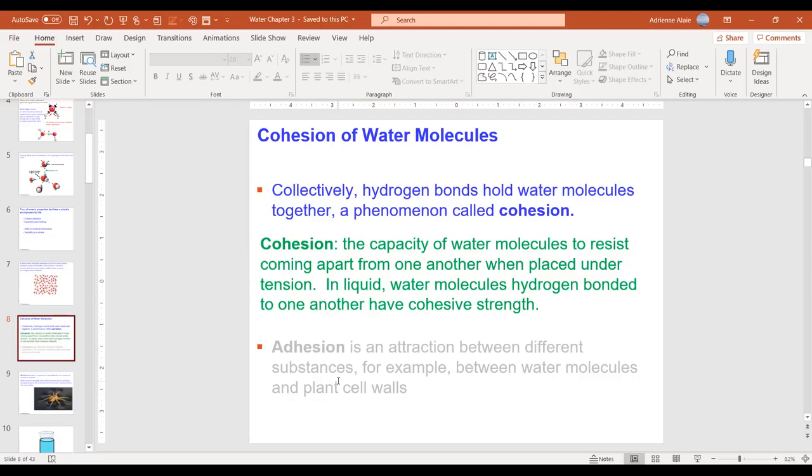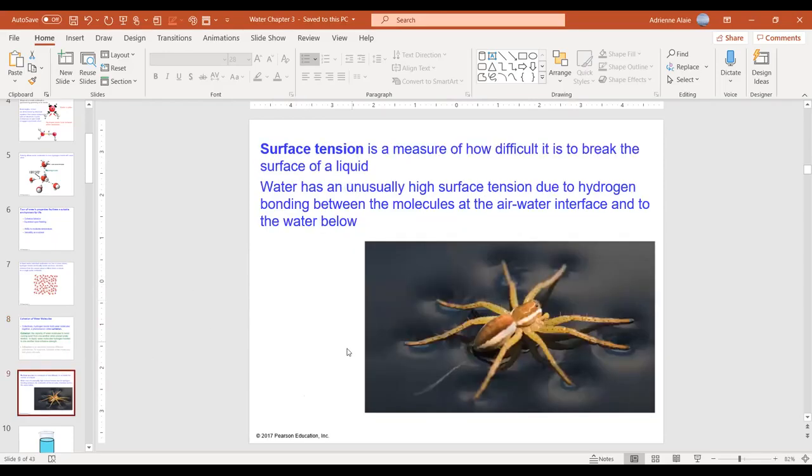I just don't have it highlighted at this point because we're going to move on to adhesion in just one moment. Let's look at cohesion first. So cohesion is hydrogen bonding between water molecules, giving it an ability to resist being pulled apart, and it is responsible for something that we call surface tension.